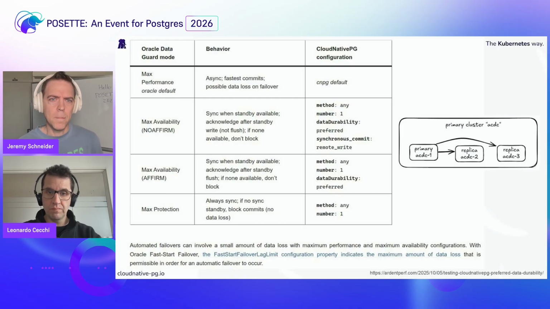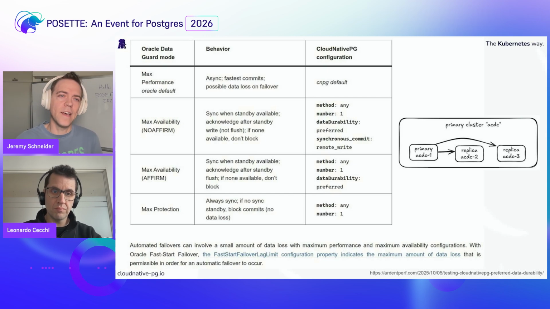They talk about maximizing performance, maximizing availability, or maximizing protection. In this table on the screen, I've shown you for each of those trade-off decisions how you would do that with CloudNativePG. Using the 4 tools we just talked about, in the right-hand column you can see the CloudNativePG configuration to maximize any of those properties.